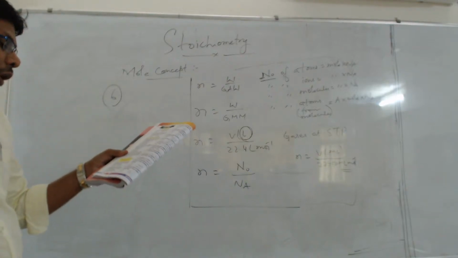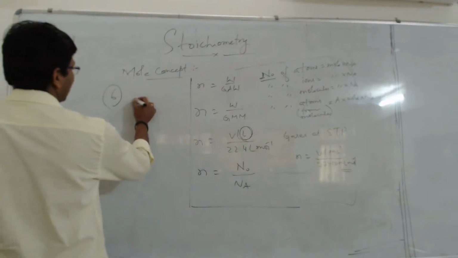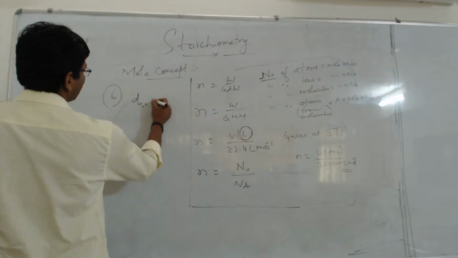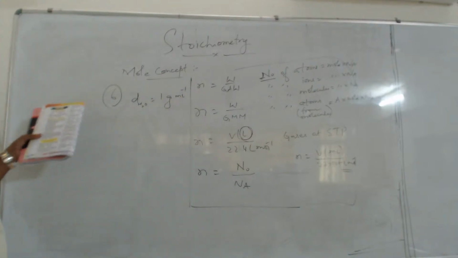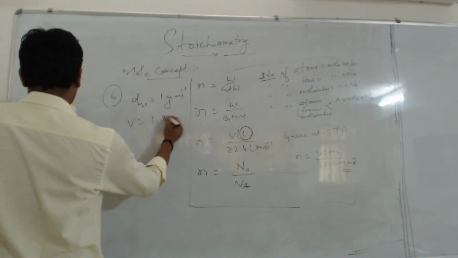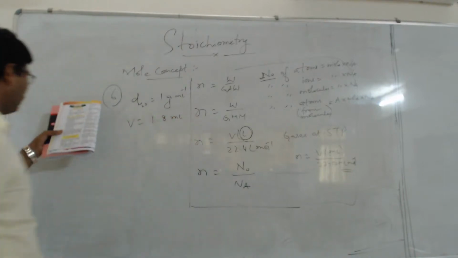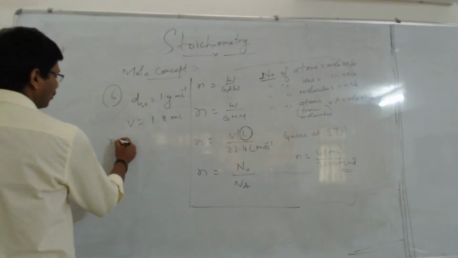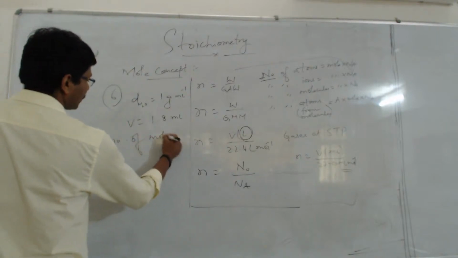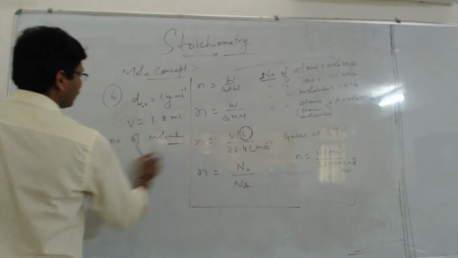The density of water is 1 gram per ml. So density of water they have given 1 gram per ml. The volume of a water drop is 1.8 ml. They are asking the number of molecules present in one drop. So number of molecules they are asking. So first we have to find the mass.